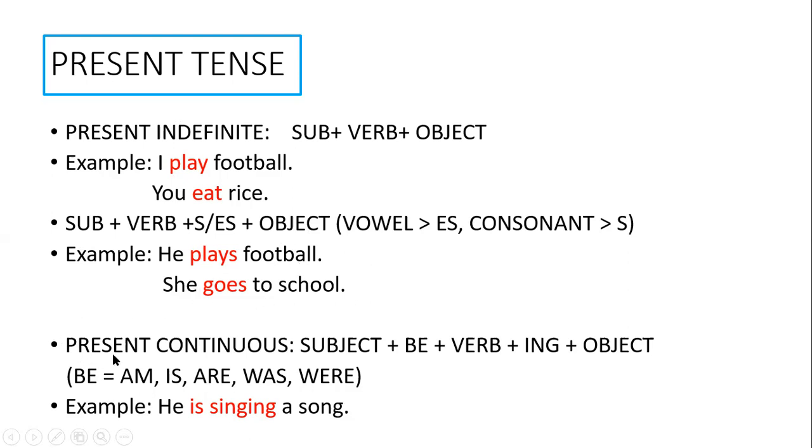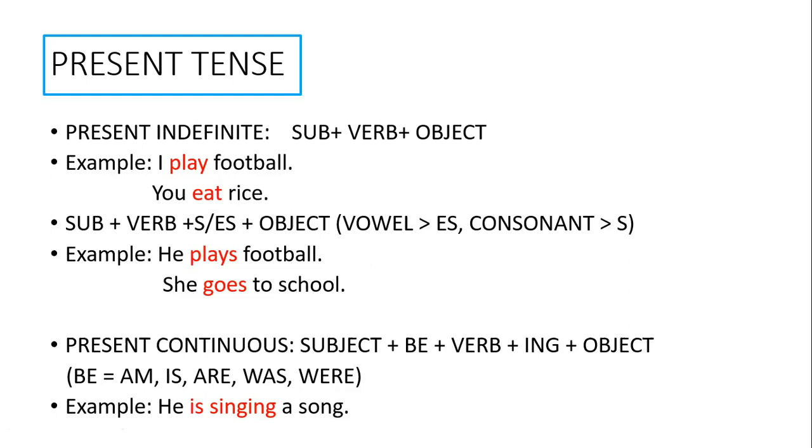Next comes present continuous tense. The structure of the present continuous tense is subject plus be verb plus main verb, and then we have to add ing after the main verb, and put an object. And you all know what a be verb is. We have already discussed be verbs in the previous class, in the class of verb.